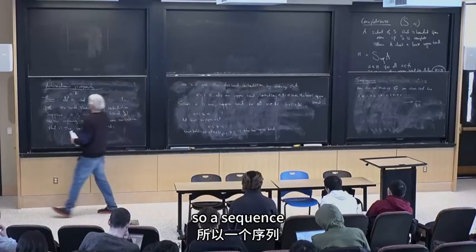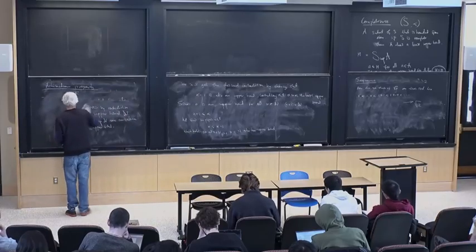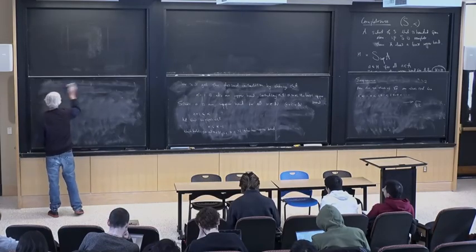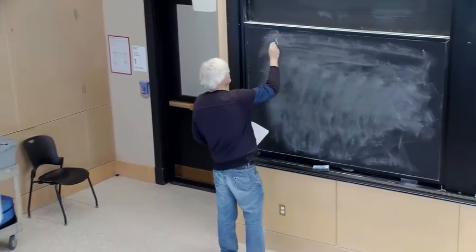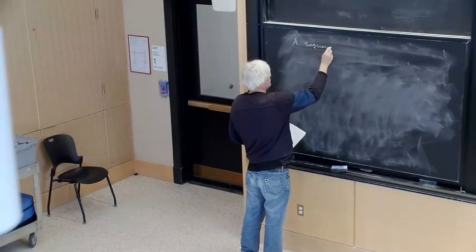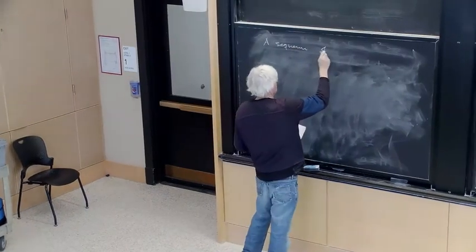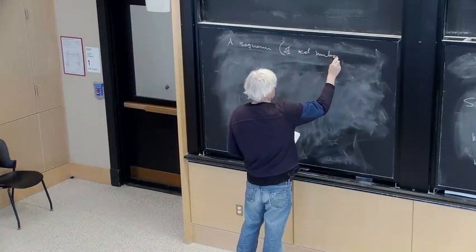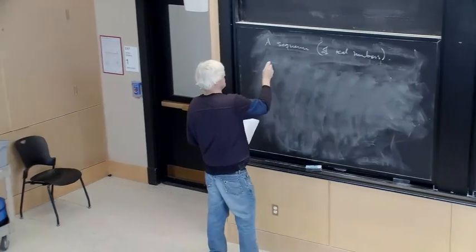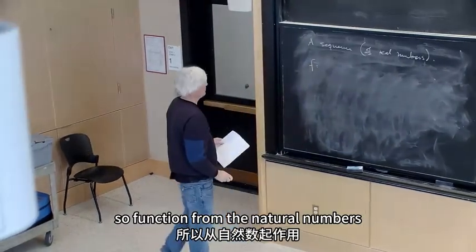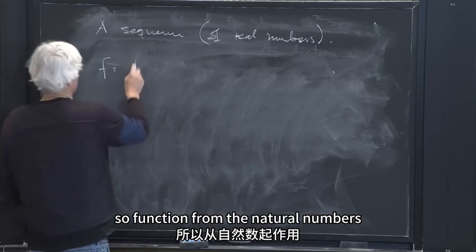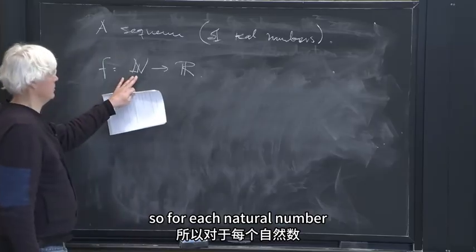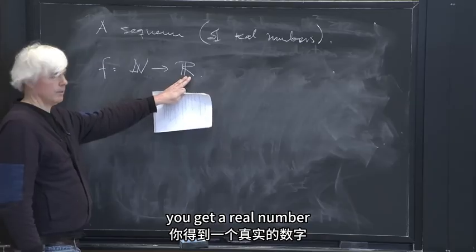So a sequence of real numbers is a map, a function from the natural numbers into R. For each natural number, you get a real number.